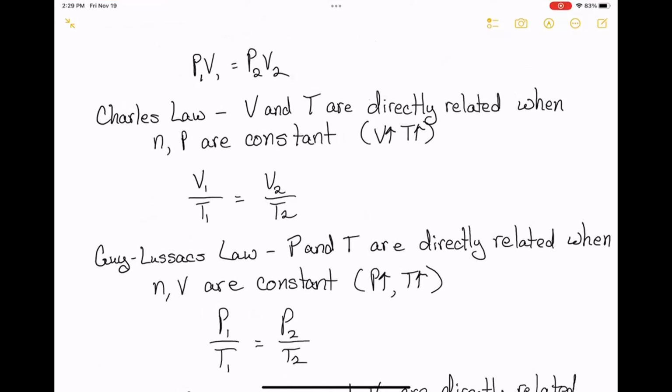Since they had a greater amount of kinetic energy, when they impinged upon the walls of the rigid container, they applied a greater amount of pressure. And so Gay-Lussac's law is P1 over T1 is equal to P2 over T2. Again, we use Gay-Lussac's law anytime we're dealing with pressure temperature changes, while the volume and the amount are held constant.